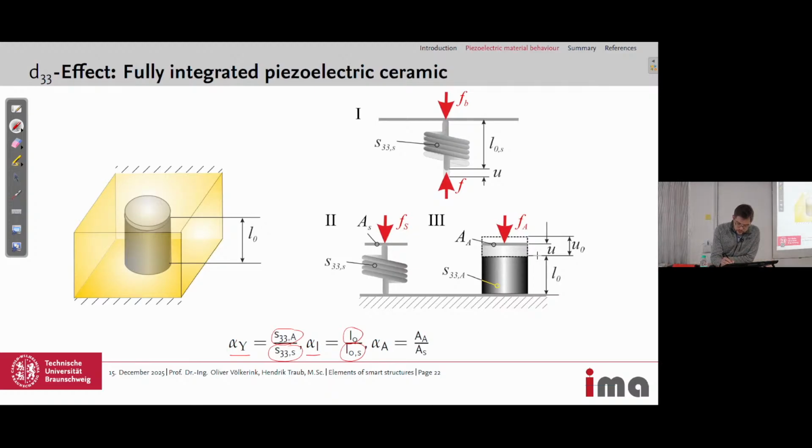L0 of the actuator is here, and then we have material above with L0 of the structure here. And the third ratio, alpha A, is the ratio of the cross sections. So we have AA for the area of the actuator, and we have AS for the area of the structure.